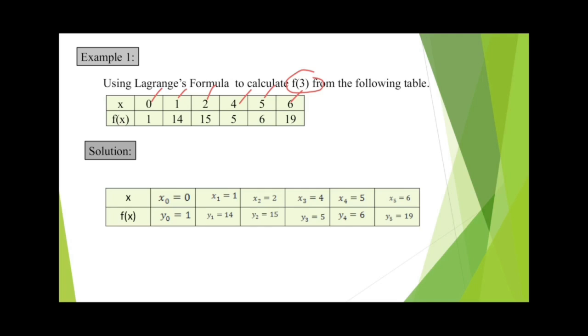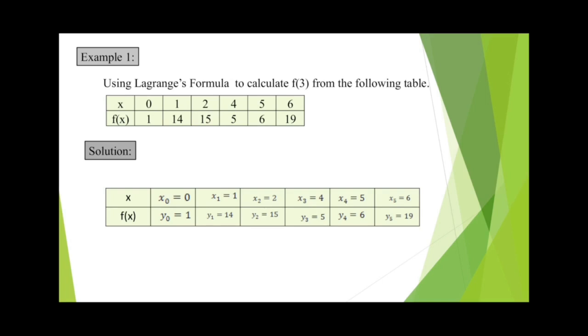The corresponding function values, that is f of x, are 1, 14, 15, 5, 6, 19. Our objective is to estimate the value of f of 3. The value 3 is not present in the table.